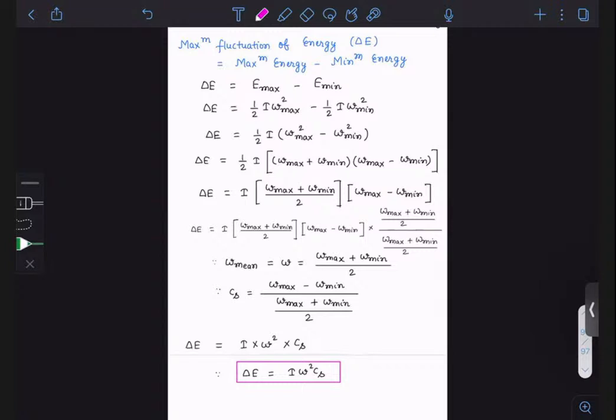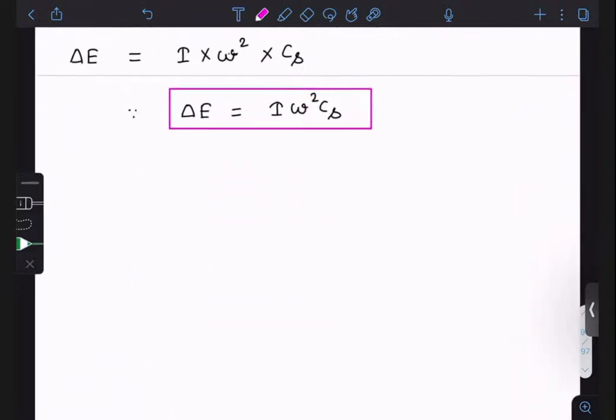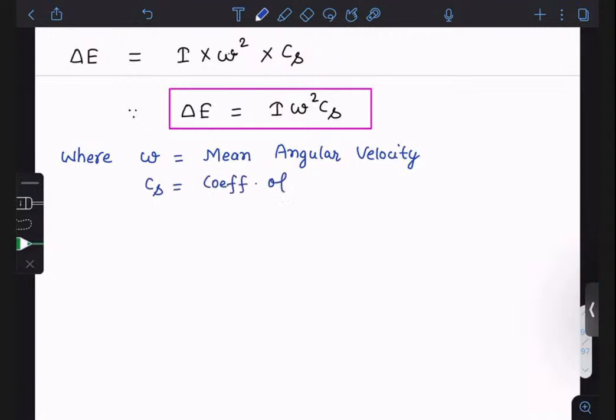See, now guys, when we proceed with this expression, the most important thing to remember is that omega is the mean angular velocity, and CS is the coefficient of fluctuation of speed of the flywheel.